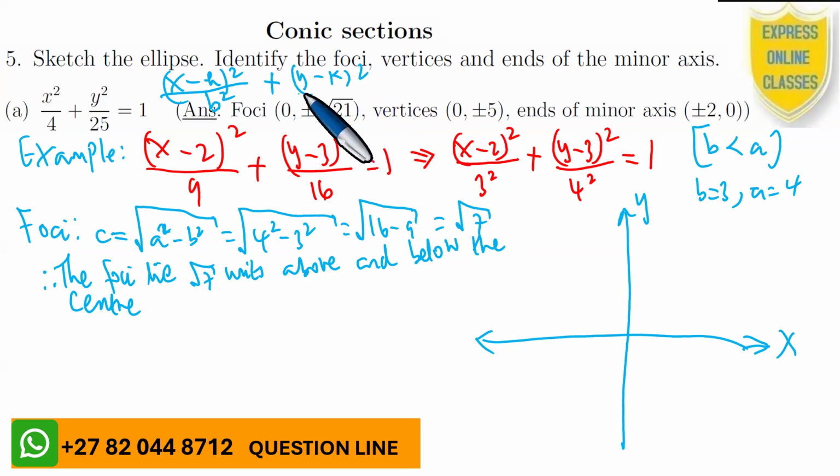So it is this one over a squared equals 1. So we continue, we have exactly the following.